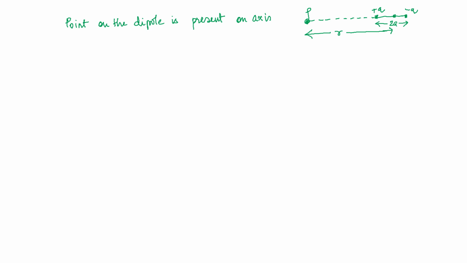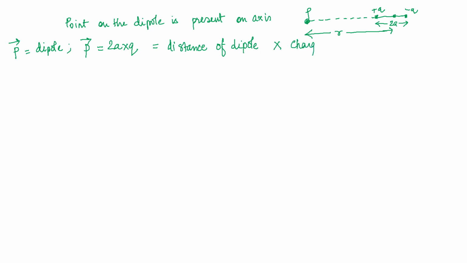Here P vector represents dipole. Usually dipole is given by P equals 2a into q, the distance of the dipole into the charge. Now this is called an axial dipole, or the point on the axis of dipole.